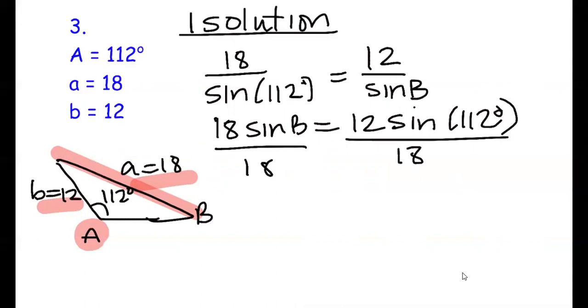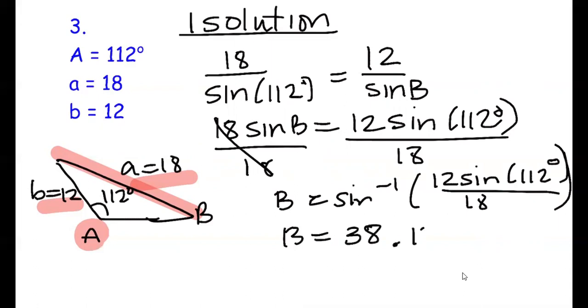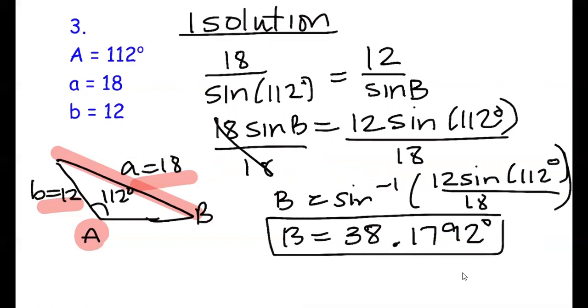And so that means I'm left with sine of B. I want regular B, so I'm going to do sine inverse of 12 times the sine of 112 over 18. I'll put all of that into my calculator. I get that angle B is 38.1792 degrees. Okay? So that's 38 degrees.